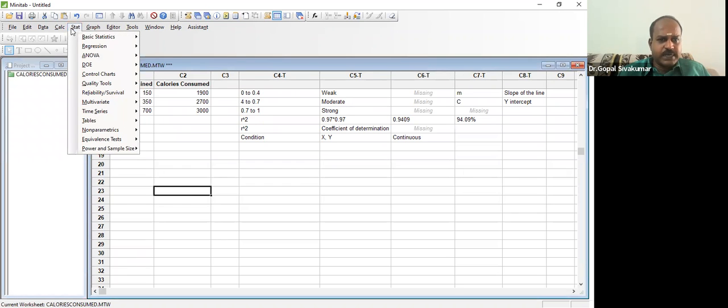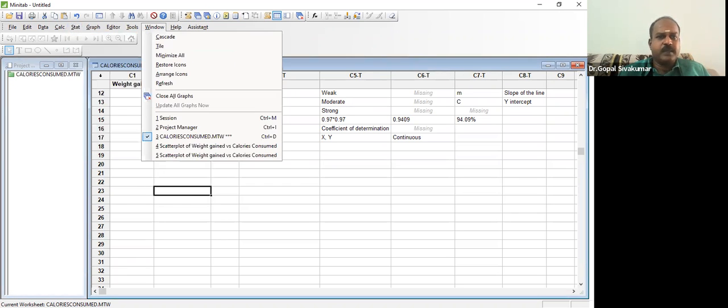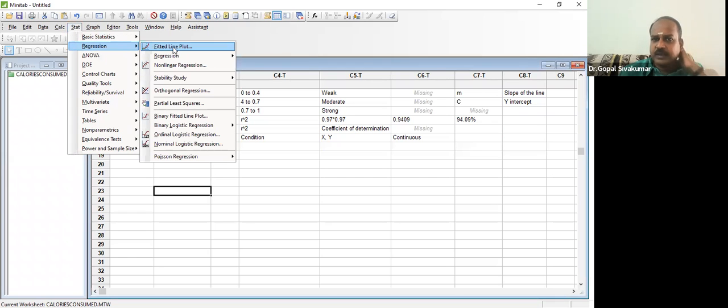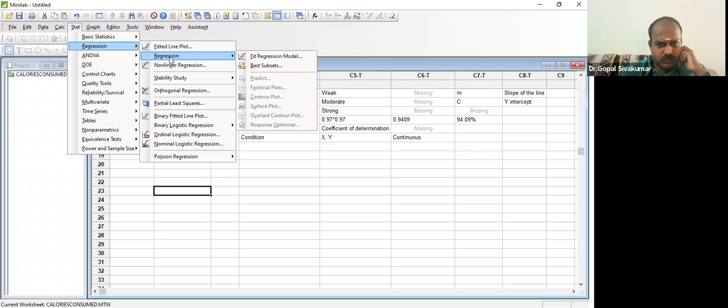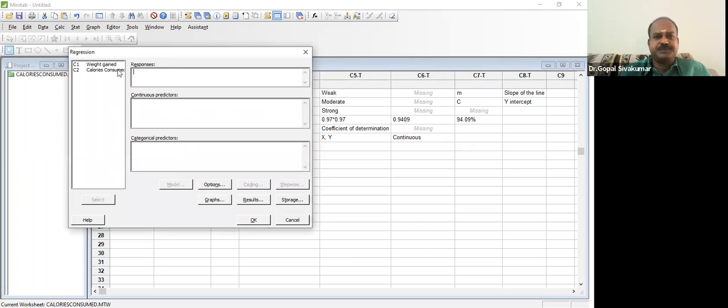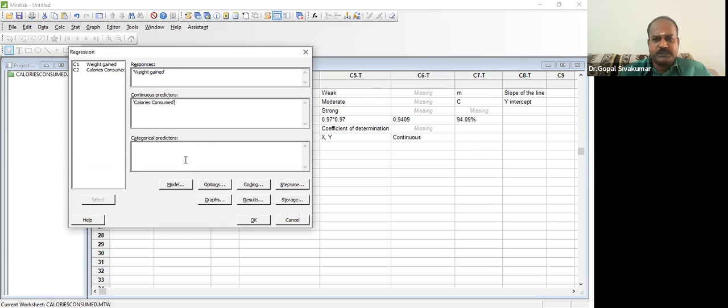Go to Stat, go to Regression, and then go to Fit Regression Model. What is your response variable? Weight gain. Select that. What is your predictor variable? Calories consumed. So you select that also. So these two things are taken.